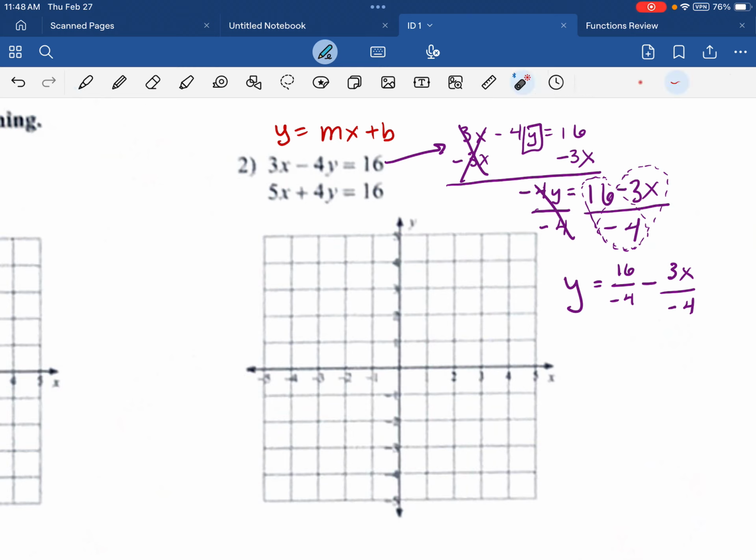Okay, well, this first part's pretty easy, 16 divided by negative 4. If you aren't sure, you can type it into a calculator. I'm pretty sure that is going to be negative 4 for my answer to that one. Now, 3 and 4 don't really divide super easily, so I'm going to leave them as 3/4. In this scenario, I don't really want to turn those into a decimal answer.